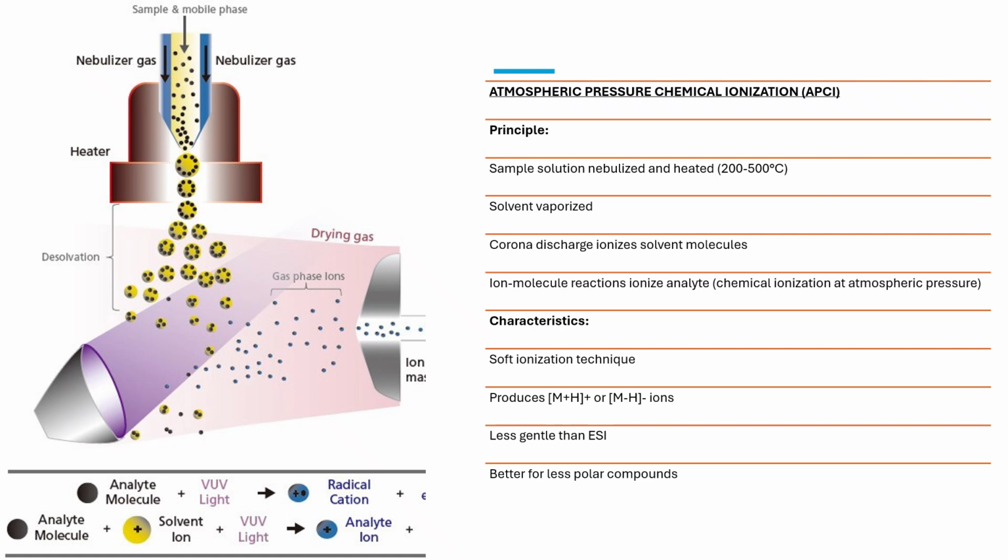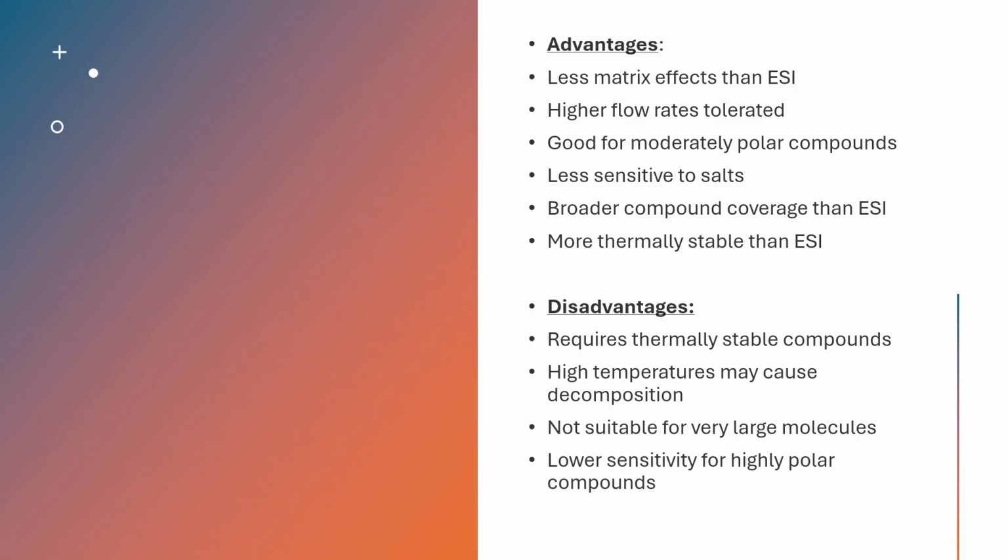APCI is still a soft technique, so you get mostly intact molecular ions like M plus H or M minus H. But it's not quite as gentle as ESI. There's some heat involved. The big advantage of APCI over ESI is that it handles less polar compounds better.